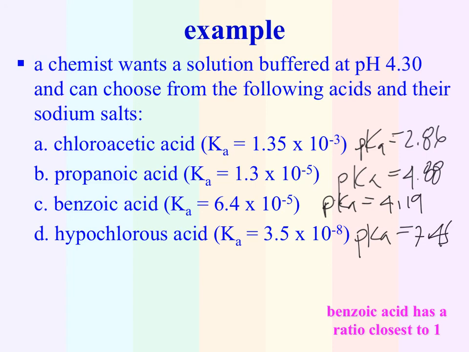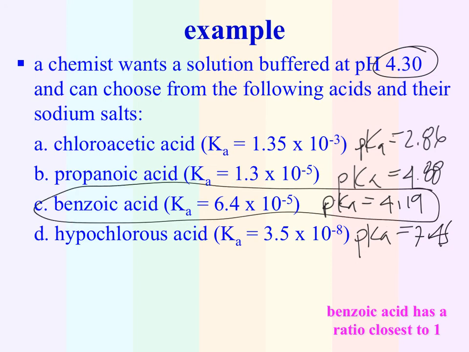Okay, so remember that our buffering capacity is going to be maximized when our pH and our pKa values are as close as possible. Okay, so if we look at the pH equaling 4.30, that makes benzoic acid the closest with respect to our pKa. So the reality of that is that the relationship between the amount of benzoic acid and its conjugate base is going to be the closest to 1 in this situation. So the best choice for this type of solution is going to be to utilize benzoic acid and its conjugate base.